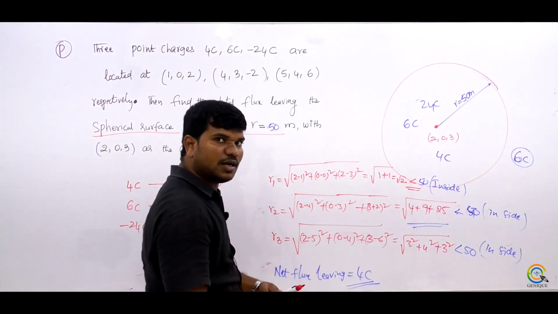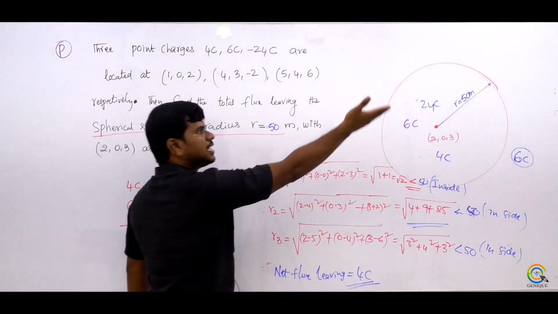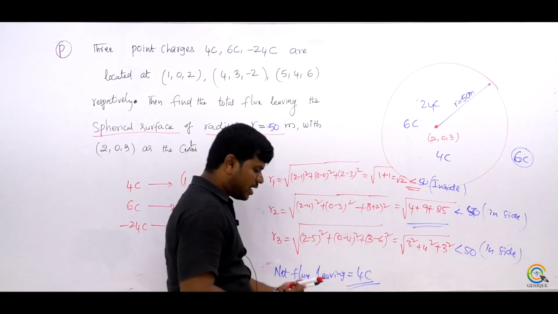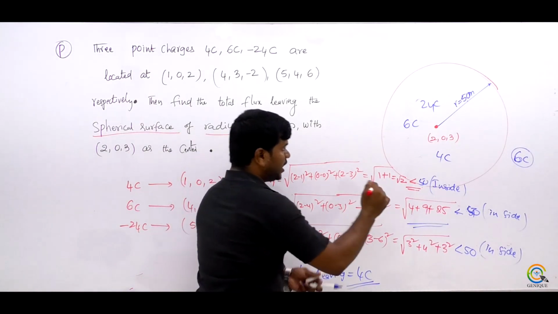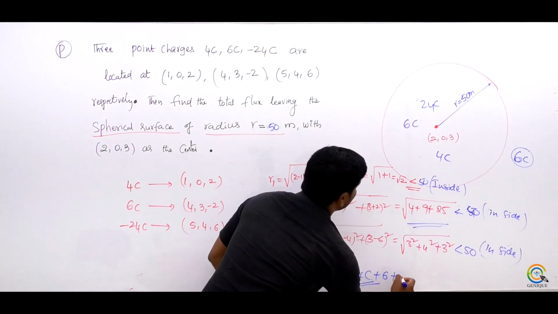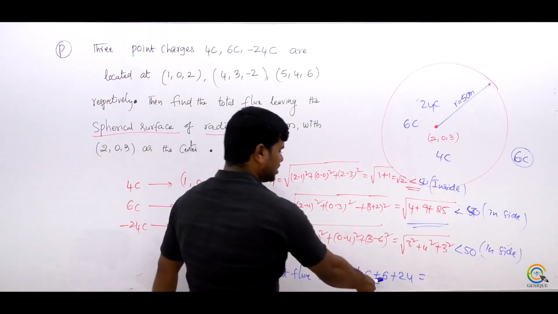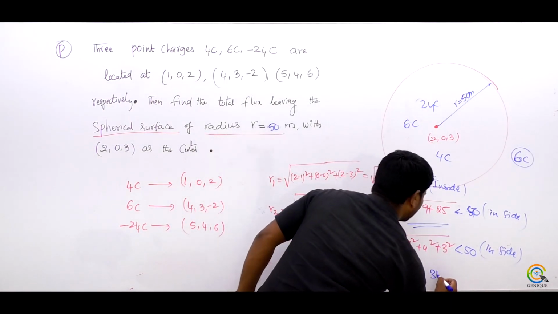So what will be the net flux leaving? The net flux leaving is the charge enclosed in the volume, which is 4 plus 6 plus 24.